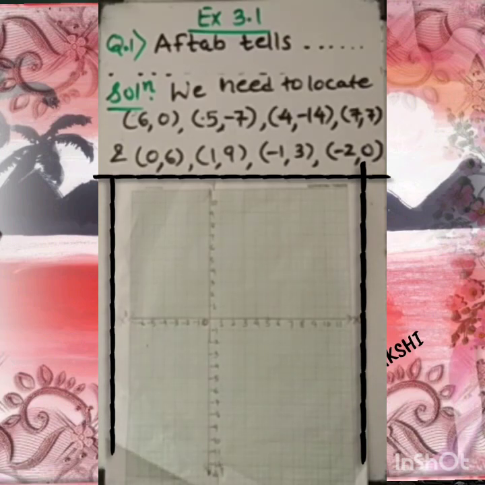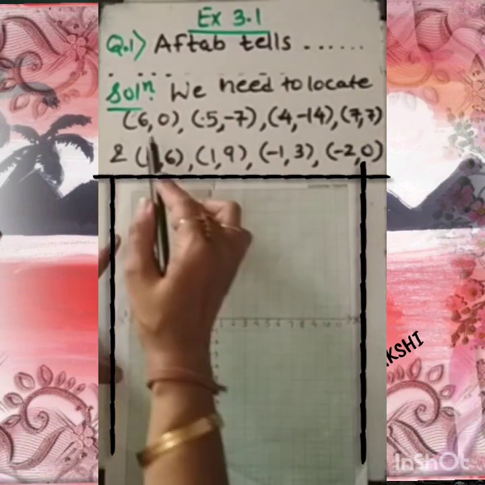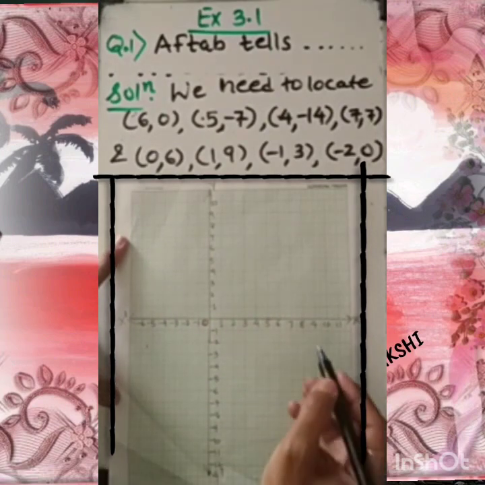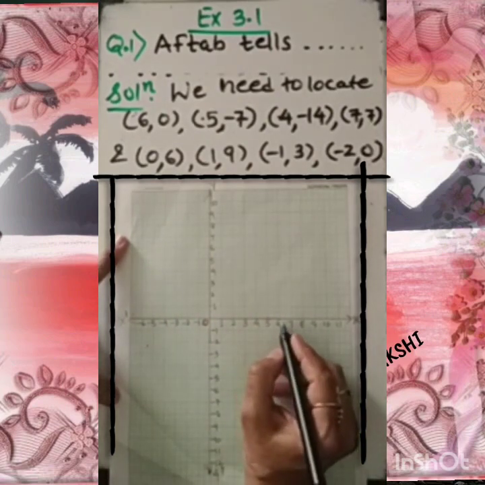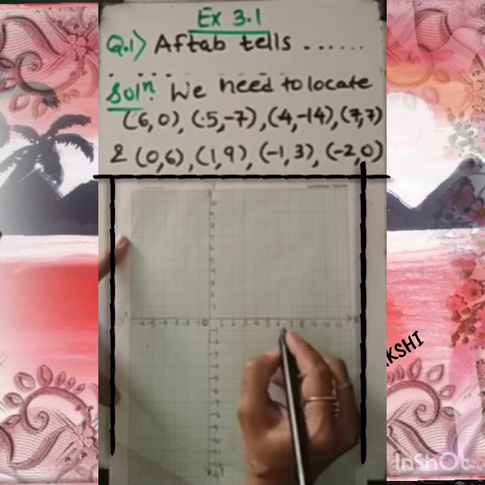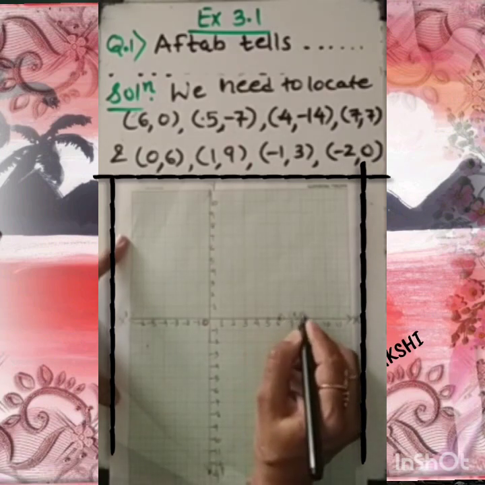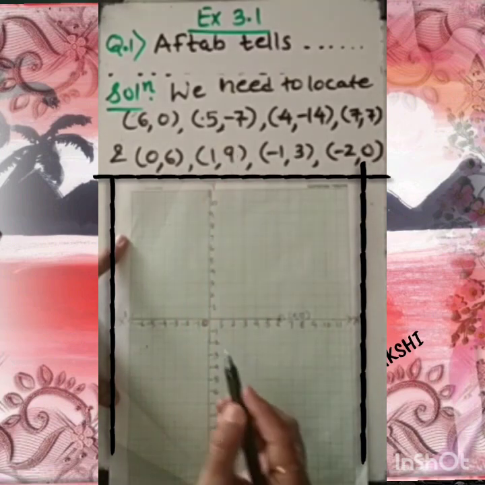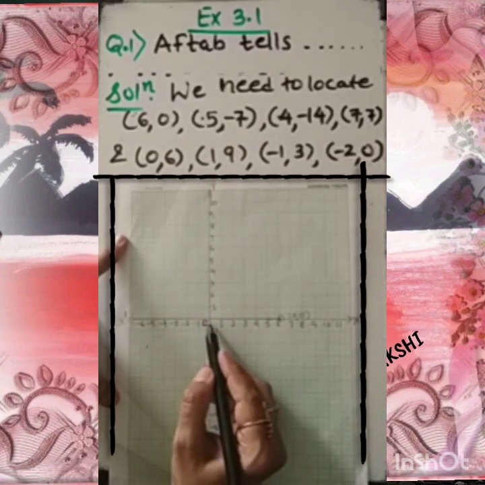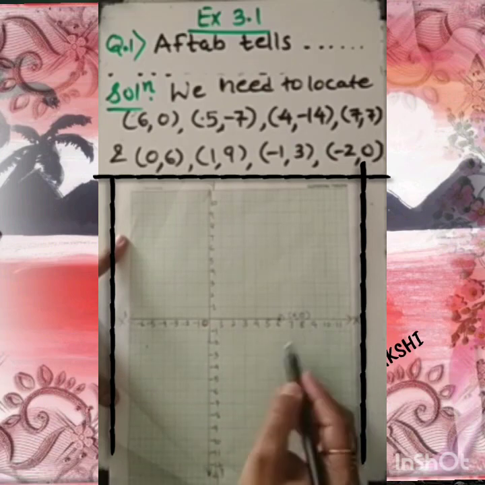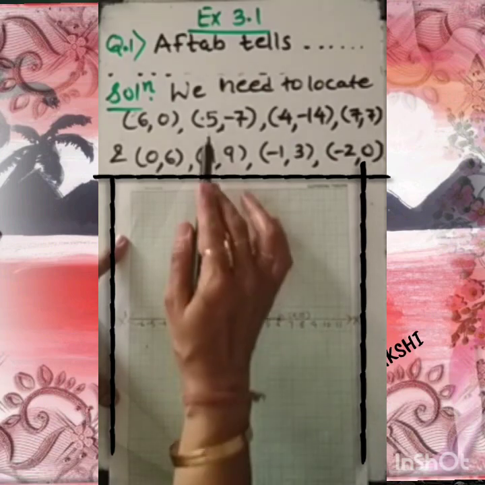Let's locate the first point for the first line, (6, 0). As I told you, (6, 0) will lie on the x-axis. So let me locate it here and call this point (6, 0). (5, -7) will lie in the fourth quadrant, because plus minus.